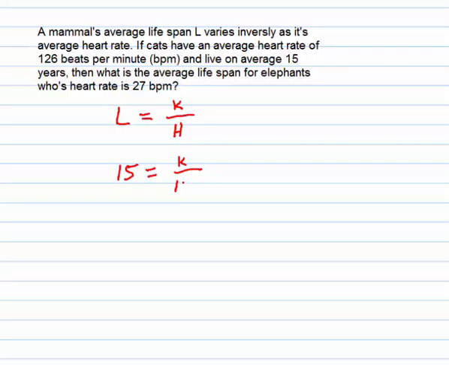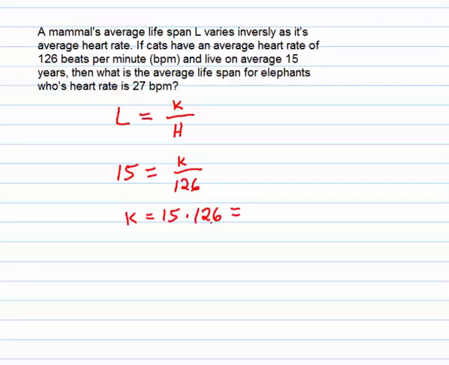The average heart rate was 126. So if we multiply both sides by 126, the constant K is just equal to 15 times that.